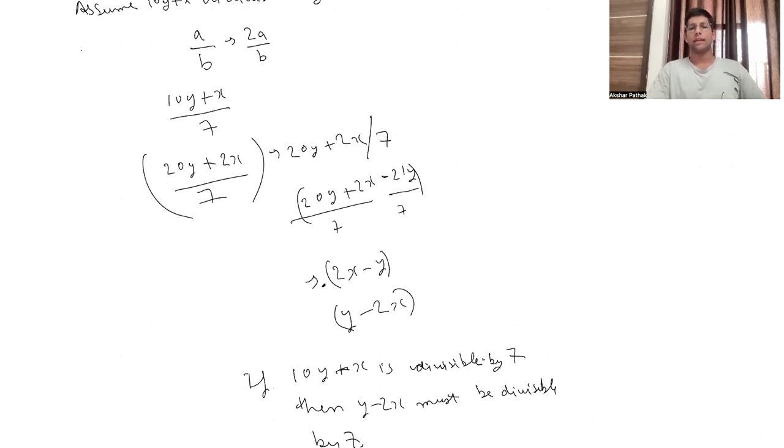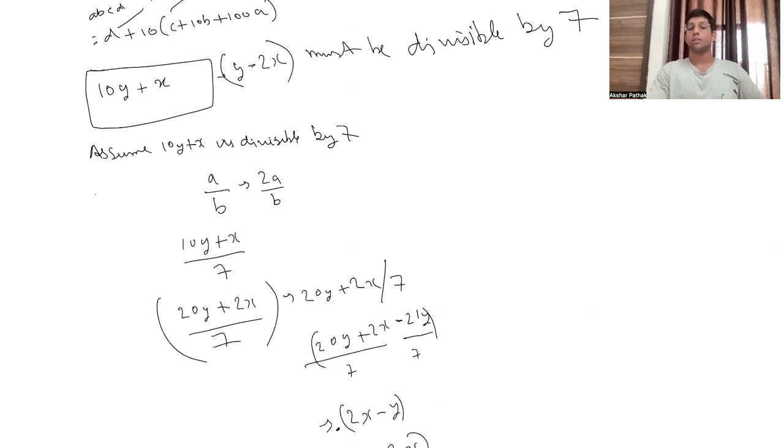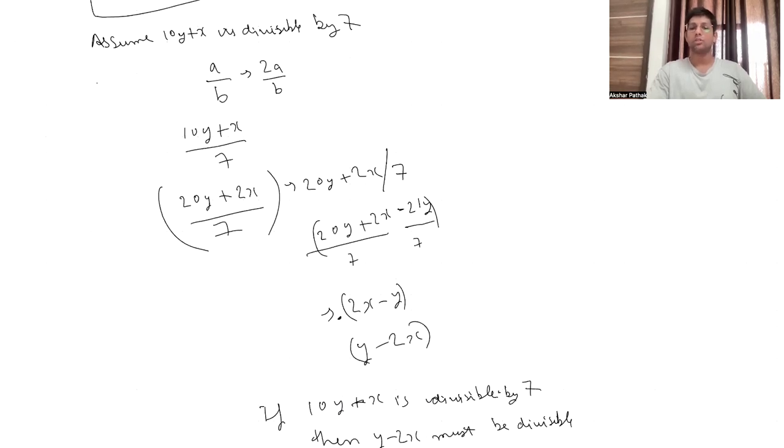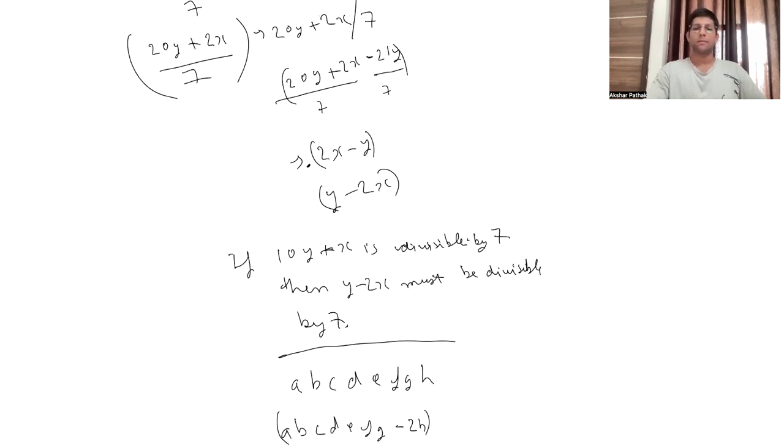So you cannot just write 10y plus x as 20y plus 2x, but if 10y plus x is divisible by 7, 20y plus 2x will also be divisible by 7. And then we came here: y minus 2x is also divisible by 7. So y minus 2x can be a multiple of 7, like 7, 14, 21, 28, any multiple, or it can be 0 also, because 0 is also divisible by 7. That's the reason we say that y minus 2x should be either 0 or divisible by 7.